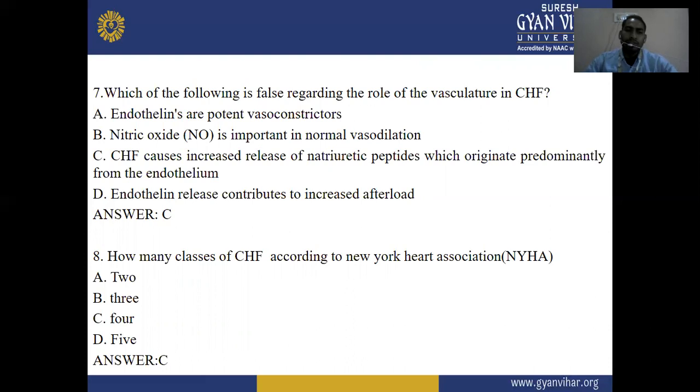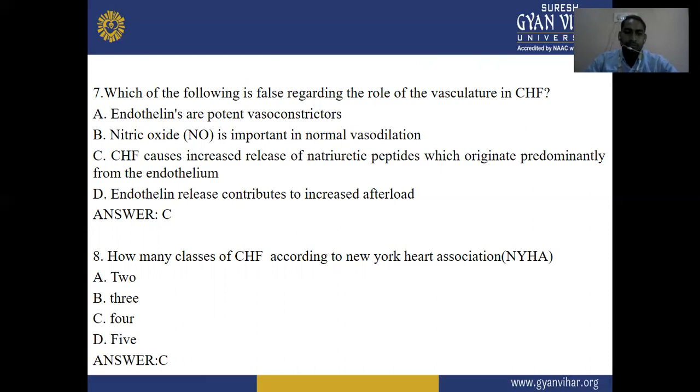Option C is congestive heart failure causes increased release of natriuretic peptides which originate predominantly from the endothelium. Option D is endothelium release contributes to increased afterload. The right answer is C.